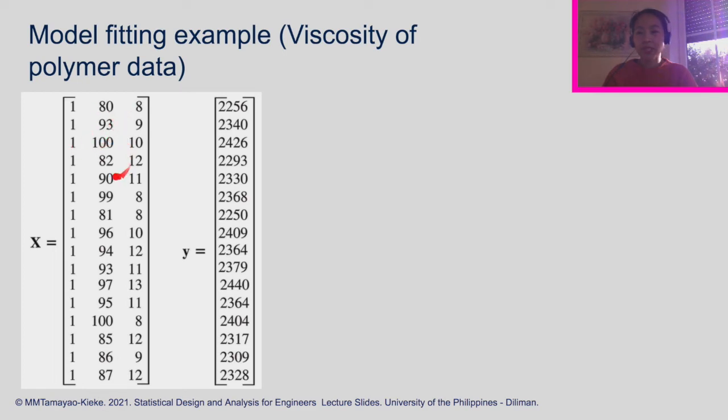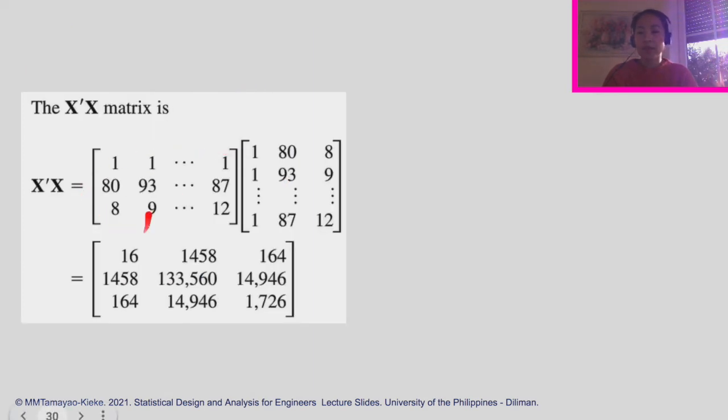So it is a 16 by 3 matrix, while Y is a 16 by 1 matrix. Therefore, X prime X is a 3 by 3 matrix, because this one is 3 by 16 and 16 by 3, so you would have a 3 by 3 matrix.